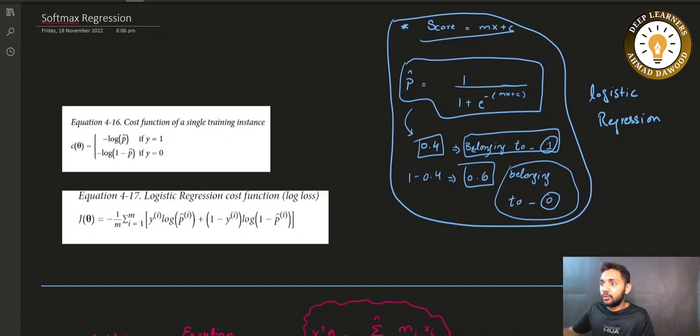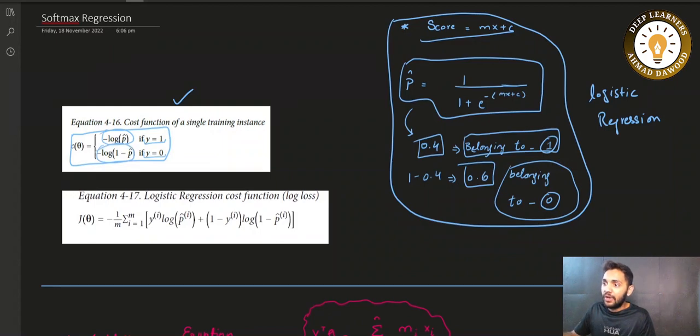You also know the cost function that we already discussed in the case of logistic regression. We have a cost function like this for a single instance. If the given sample belongs to class 1, then the cost function will be this. If it belongs to 0, then the cost function will be this.